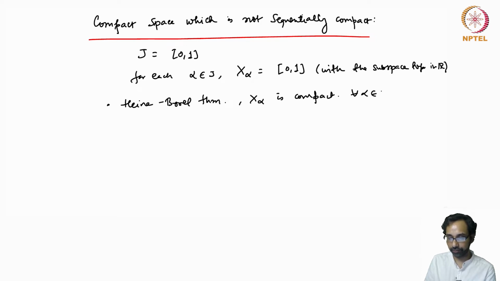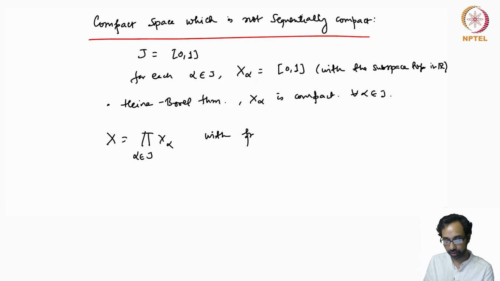And now we will form the product space X, which is the arbitrary Cartesian product of all these X alphas, and we will endow it with the product topology. So each X alpha gets the subspace topology in R, and X gets the product topology.